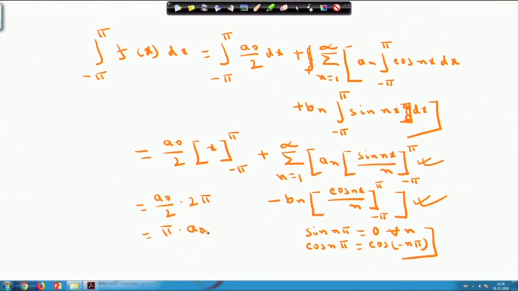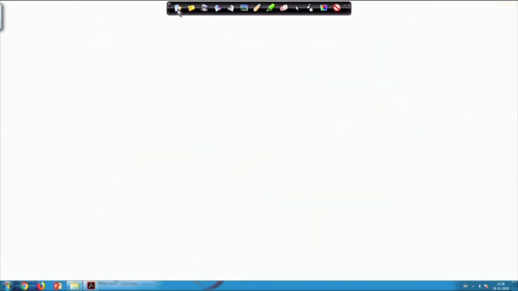My next step is to find the value of the coefficient a_n. For that, you can write down your f(x) equals a naught by 2 into cos nx. I am multiplying the original equation by cos nx on both sides of the given equation. So, you will obtain a0 by 2 into cos nx plus summation k equals 1 to infinity.